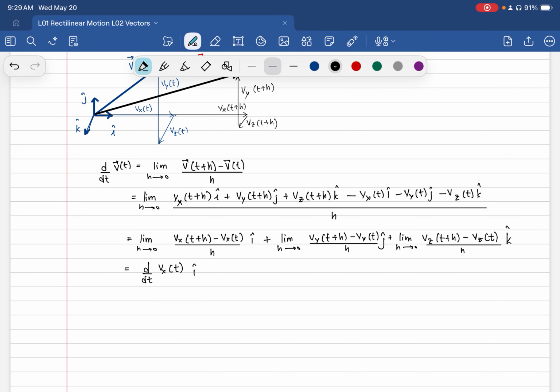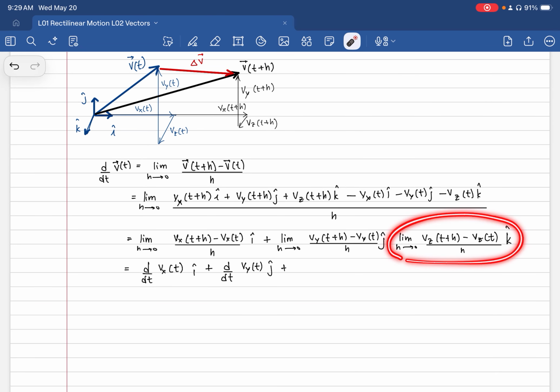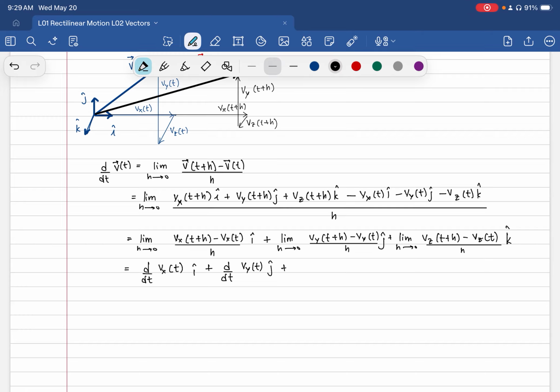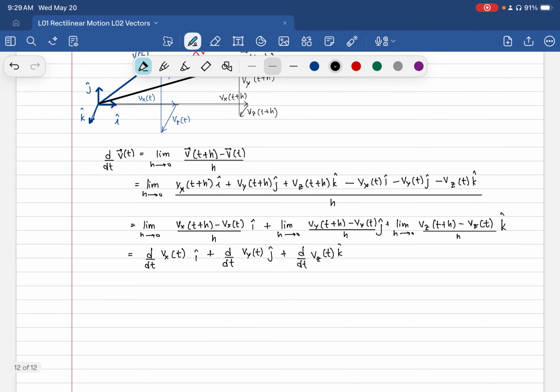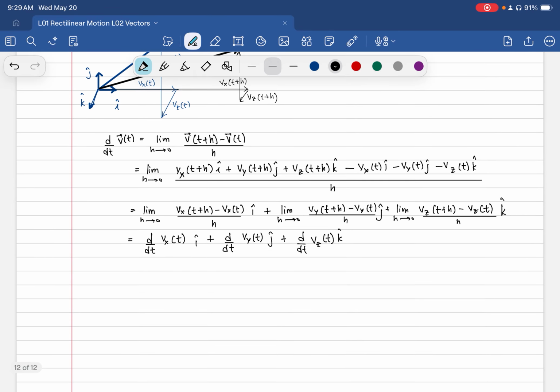So we're looking at only that component's change, and this can be written as a differentiation of vy of t j hat. And now this one, if you look, it's the definition of the derivative of some function. So it's like the differentiation of vz of t along k hat. Okay, so when the unit vectors are fixed, then and only then can you take the derivative of the vector component along each unit vector.